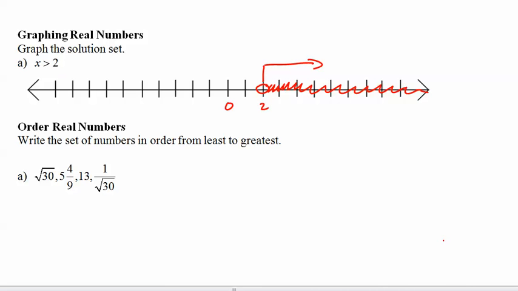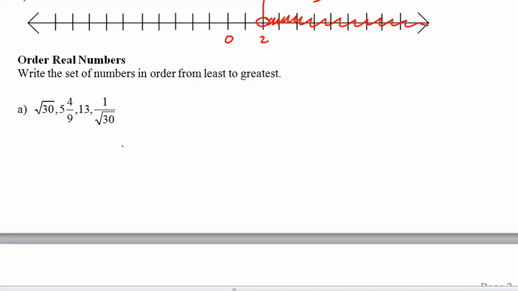Write these sets of numbers in order from least to greatest. So, root 30 is something like 5.6-ish. I really don't know. This is 5.4. This is 13, and this is some decimal 0 point something.